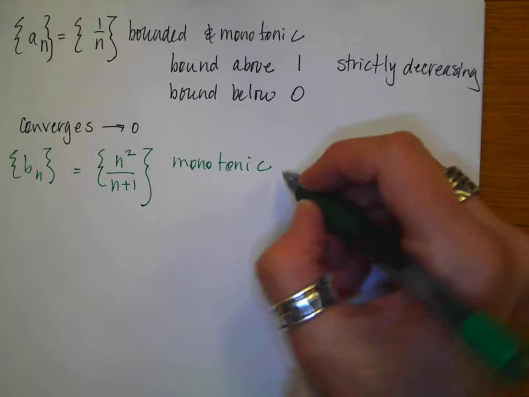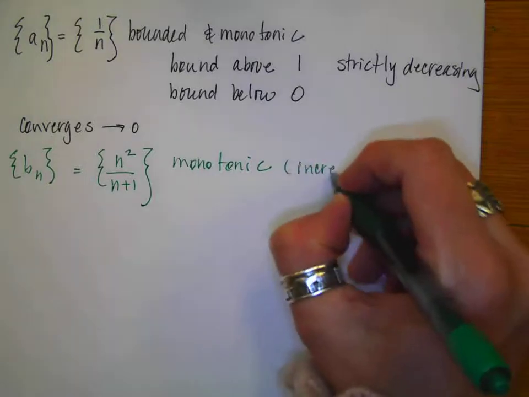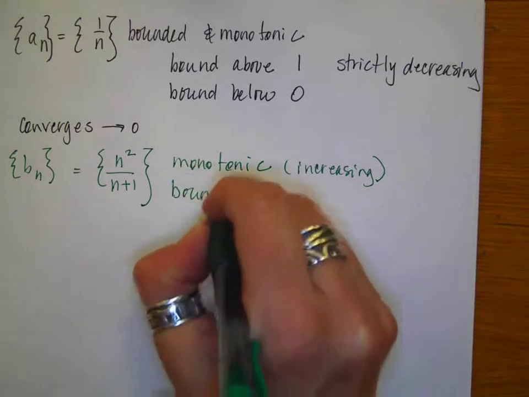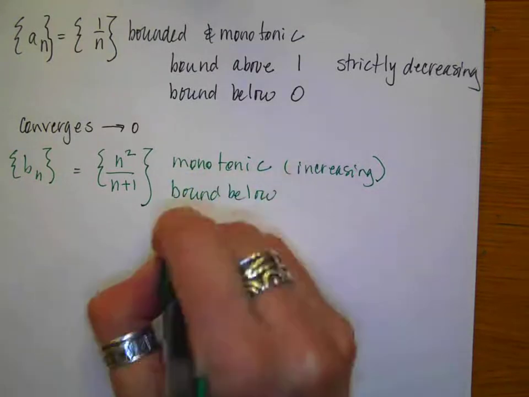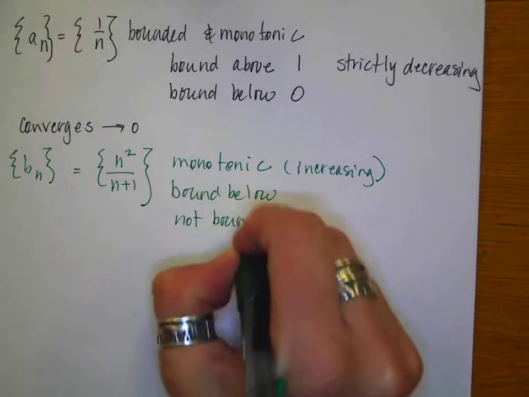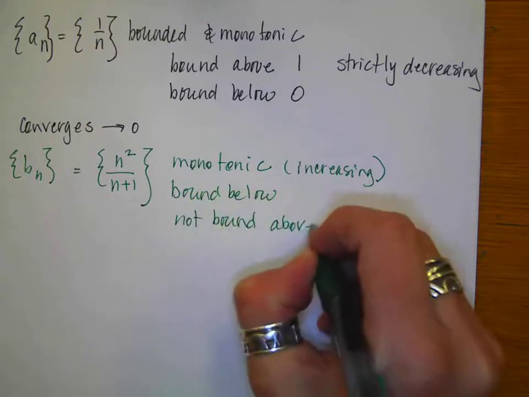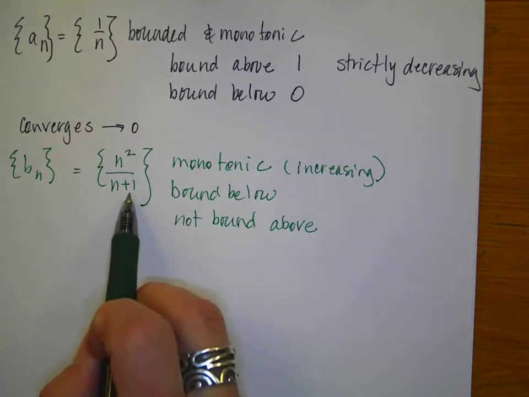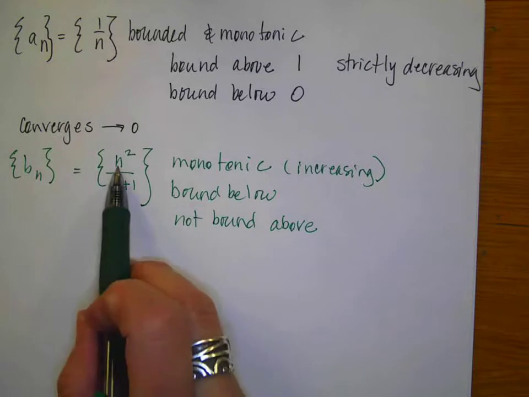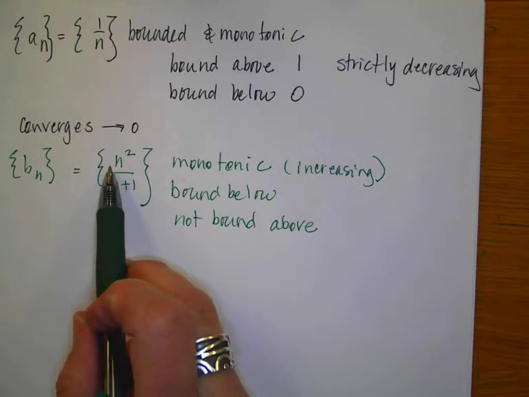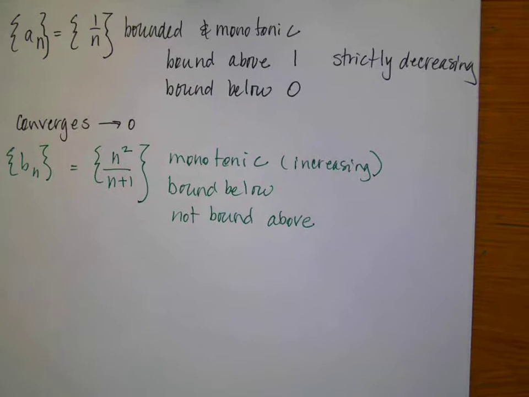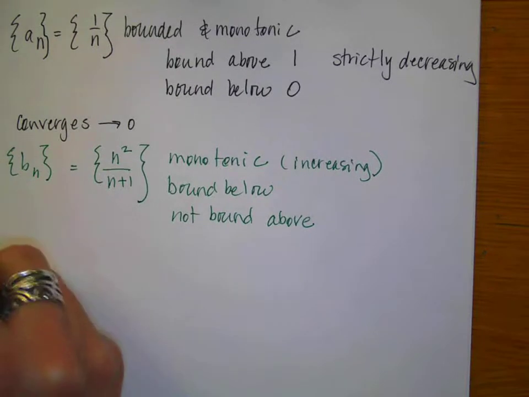And remember, it is a collection of individual points, not a continuous function. This one would happen to be increasing. Okay, and then we would say it is bound below. It is not bound above, because if you'll notice, the smallest value that my denominator is going to be is 1, but the top, the numerator, is going to grow without bound, so it's not bound above.